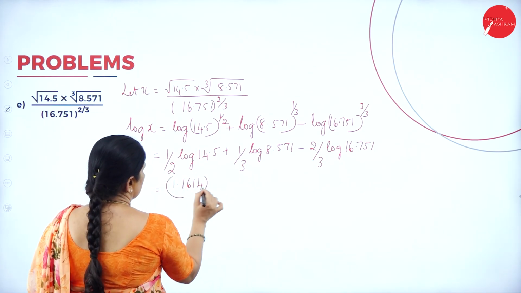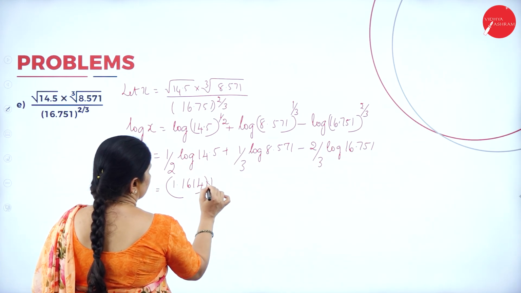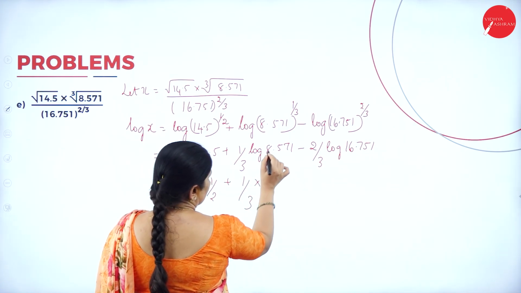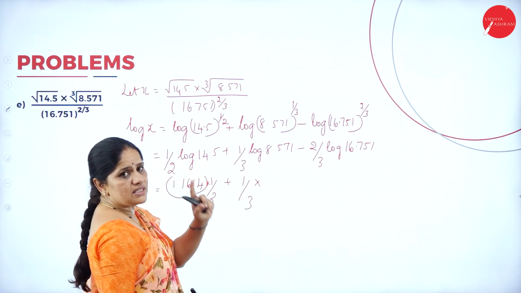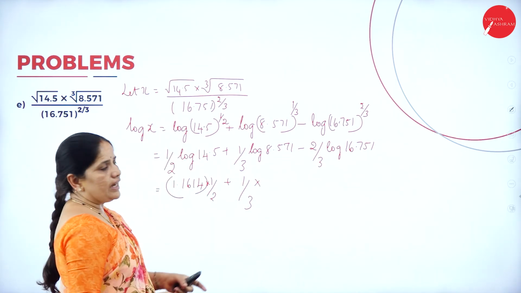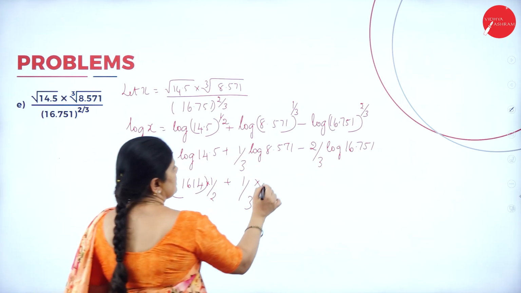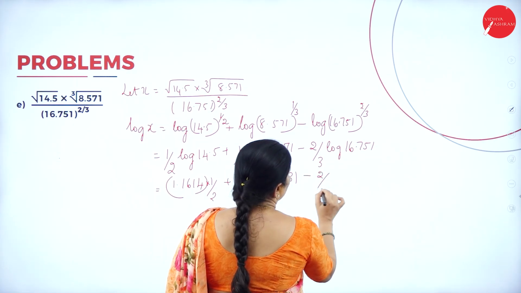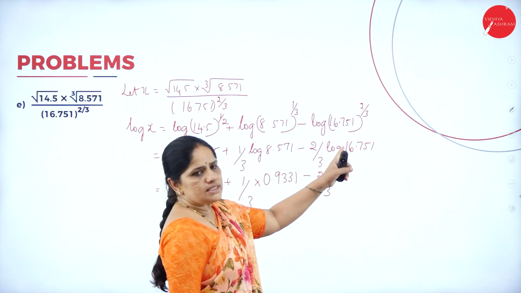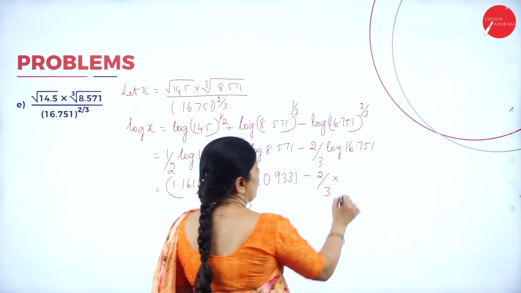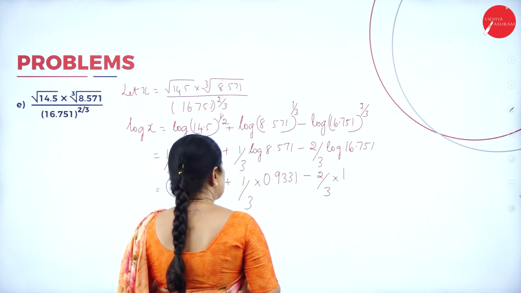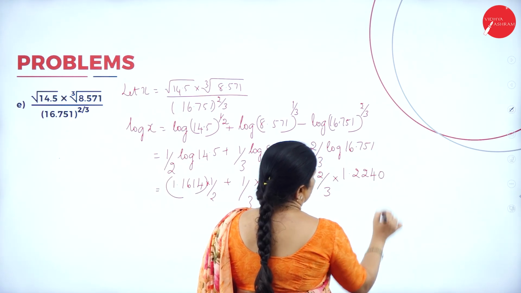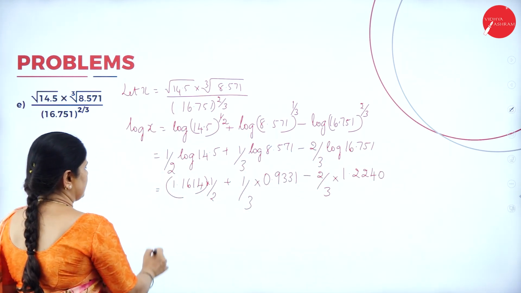So into half. Plus 1 by 3 into, so there is 1 digit here, 1 minus 1 is 0. The value of 8571 is 0.9331 minus 2 by 3 into log 16. So 2 digits, 2 minus 1 is 1 point. The value of 16751, that will be 2240.